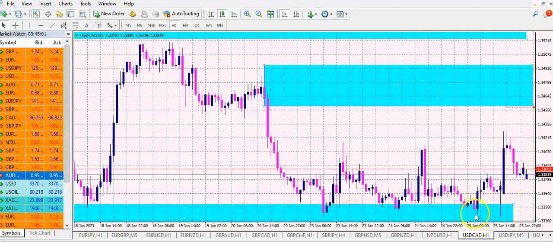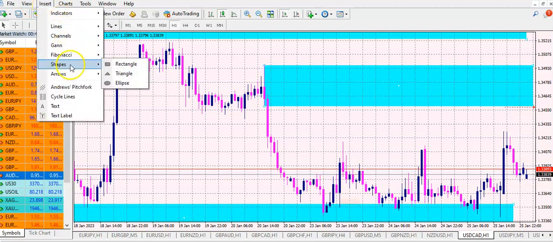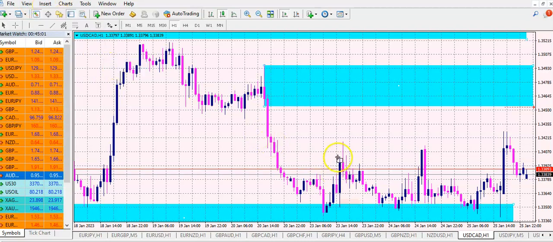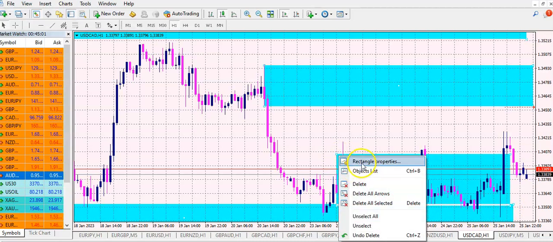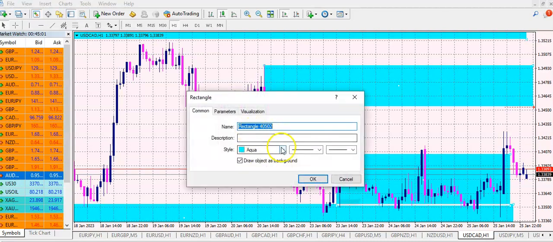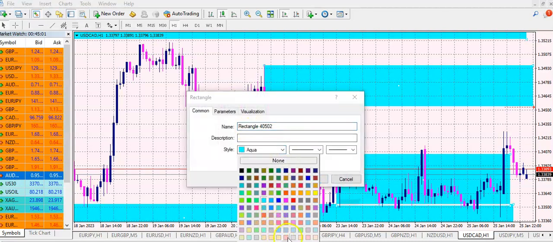The recent one is actually in this particular place. Price got in here, into this particular area, and it was just ranging in that particular place.